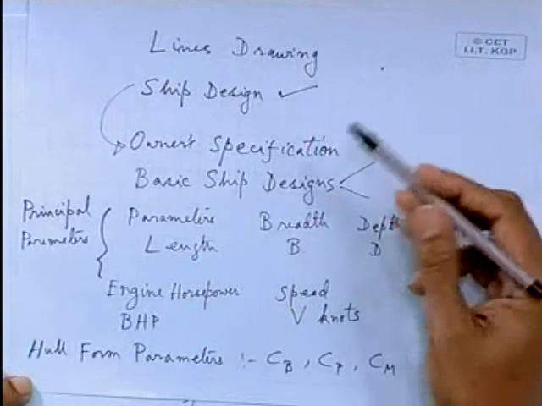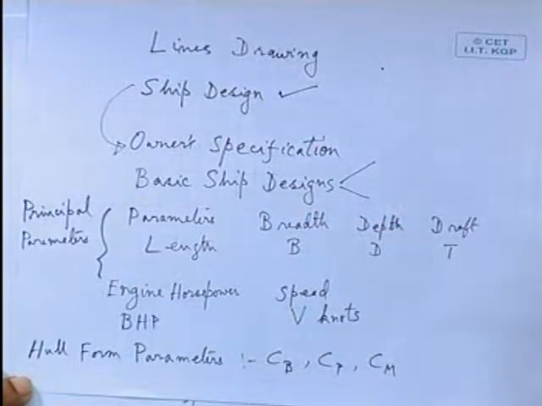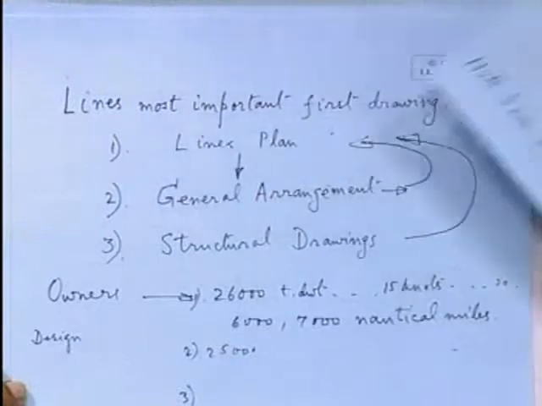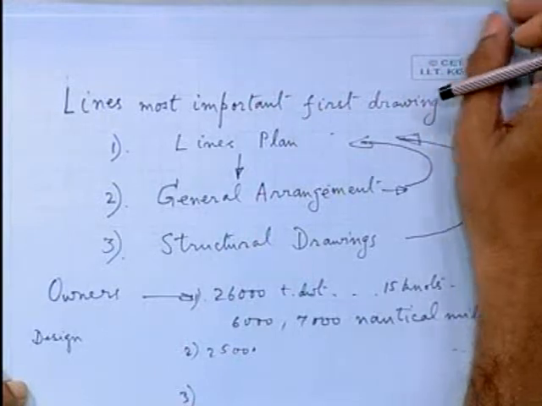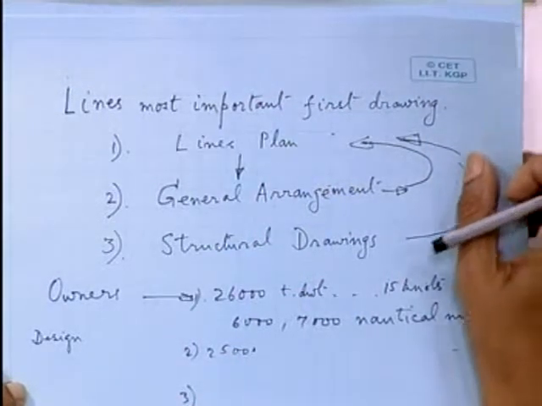Now, he makes a study of the previously built ships, as I have already told you, that is the principal parameters. And you see, there are certain limitations in the shipyard itself. The owner may propose, say, a certain form of the ship or a certain particular design, but the contractor or the shipbuilder faces certain limitations in the shipyard. For hull fabrication, the shipyard may be facing certain limitations.